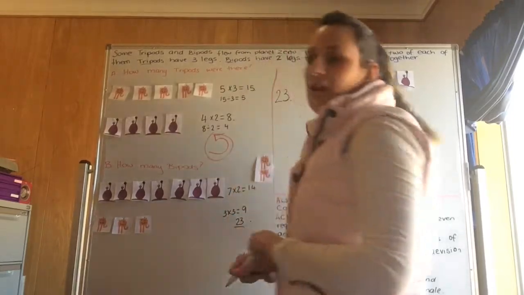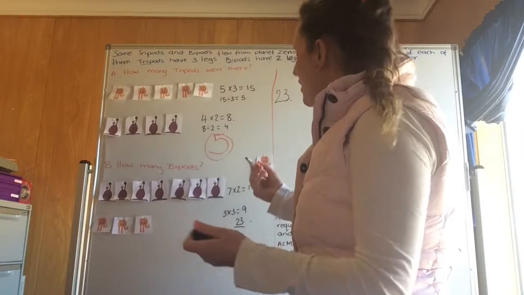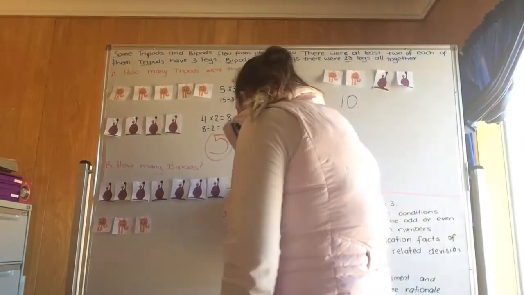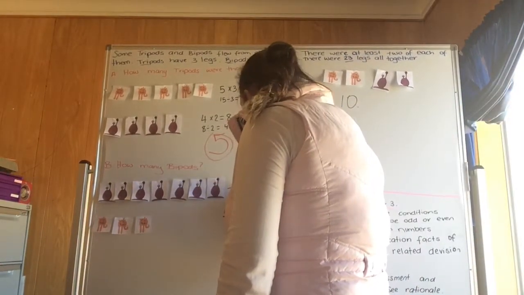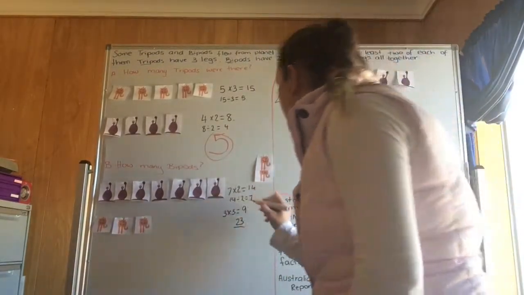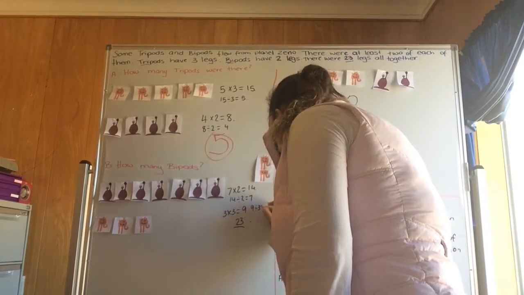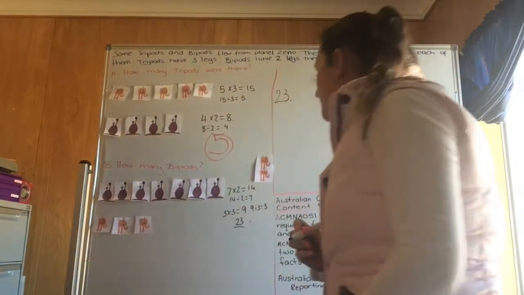So you've got your 23 legs here. And again, you could use your division facts. So 14 divided by the amount of legs equals 7. So there's another way of doing it, and vice versa. 9 divided by 3 legs gives you 3 tripods.